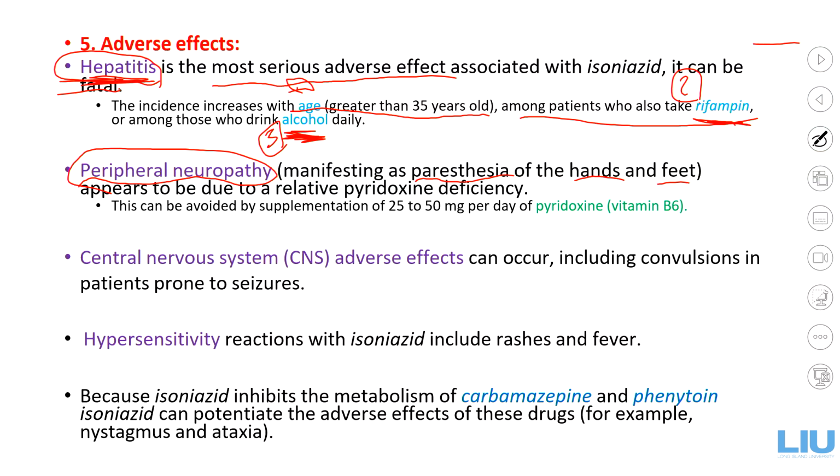Isoniazid interferes with the enzymes that activate vitamin B6, pyridoxine. If you take the drug, it prevents the activation of B6. And we know the importance of B6 in the synthesis of neurotransmitters and in the nerves. So if you take isoniazid, there is a chance you might develop peripheral neuropathy. How do we solve the problem?